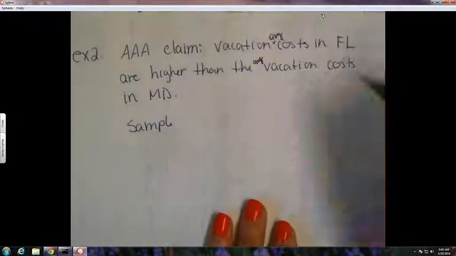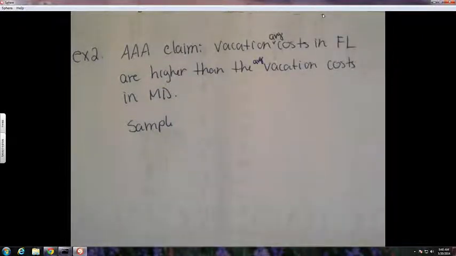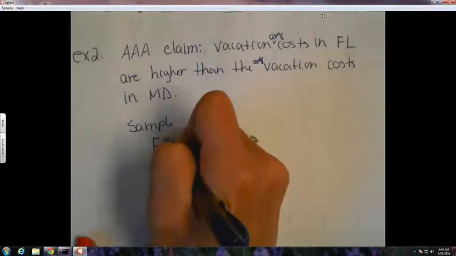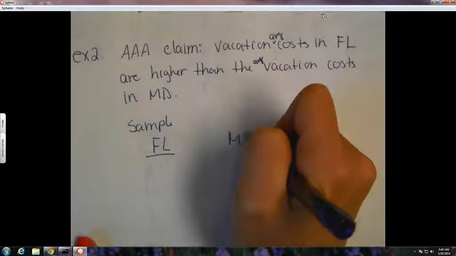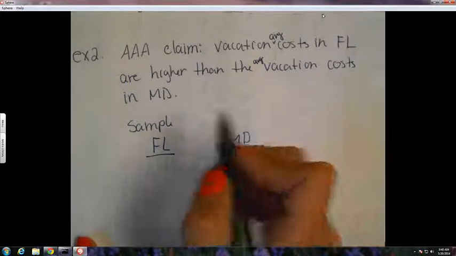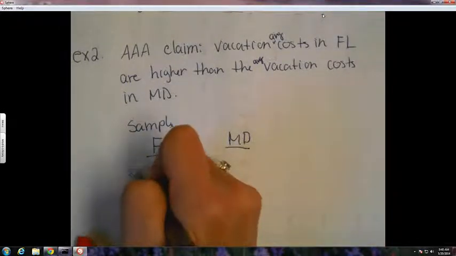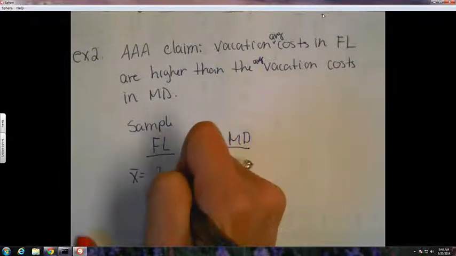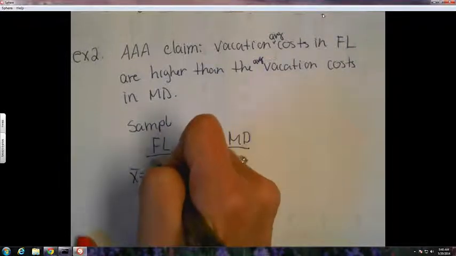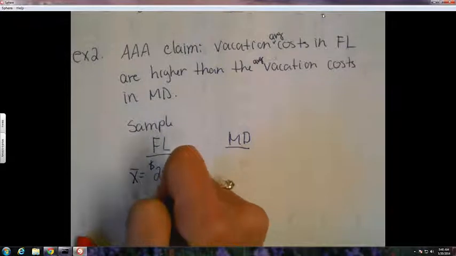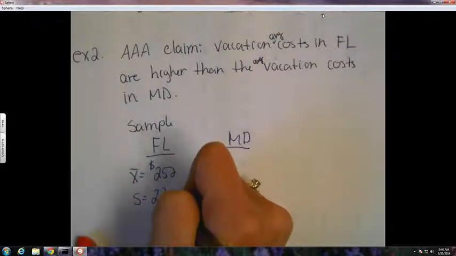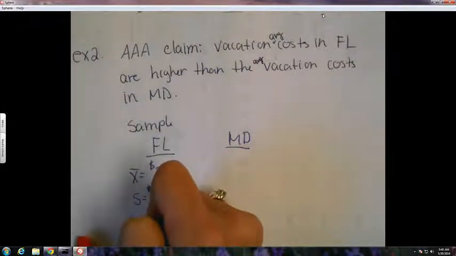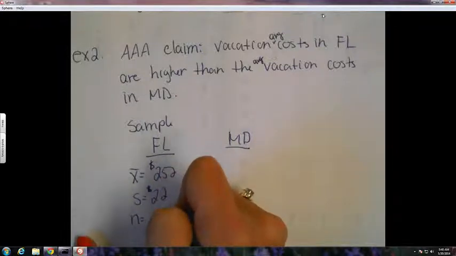Gotta have our mean in there so we know what we're working with. Okay, sample. Florida, Maryland. Florida, the average was 252. Standard deviation, 22. Sample size, 150. Definitely over the 30 that we needed.